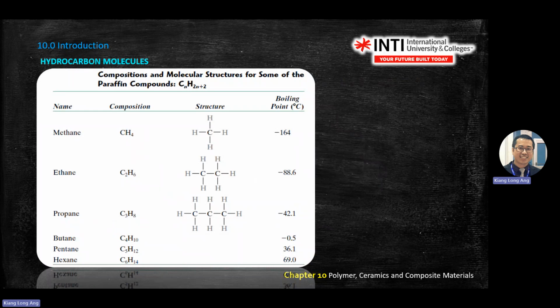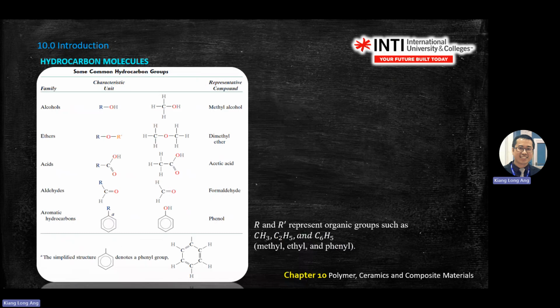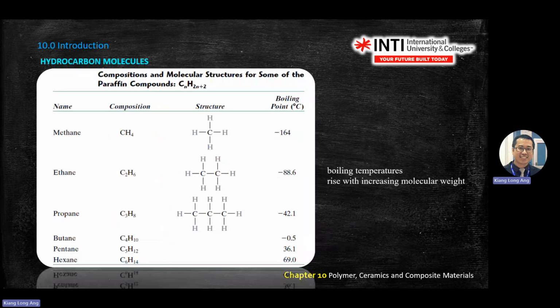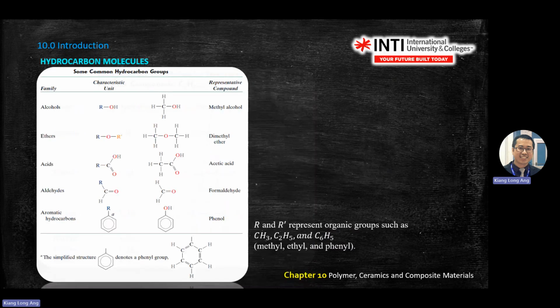Okay, and these are the structure and boiling point. So one thing to highlight here is as you increase the molecular weight, your boiling temperature increases, because you need more energy to break the bond. Okay, the rest is the same, right?